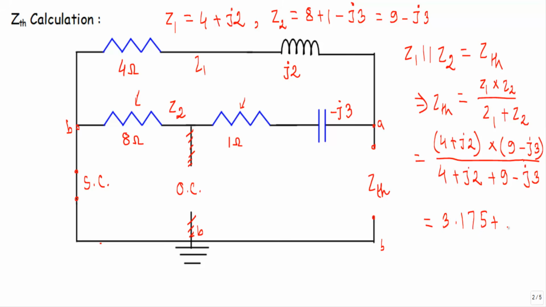Now see, ZTH will be equal to 3.175 plus J0.705. This will be equal to 3.25, phase angle will be equal to 12.53 degree. So this is our Thevenin impedance ZTH. Thevenin impedance is equal to Norton impedance.